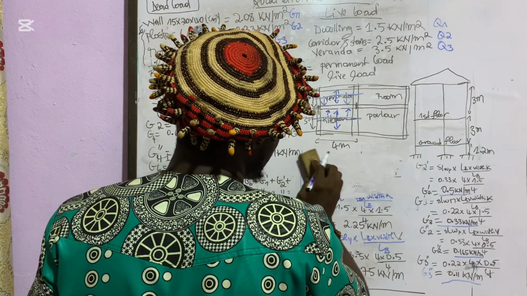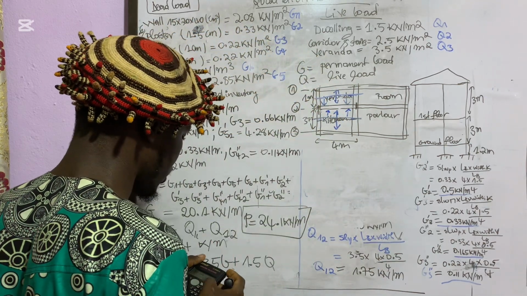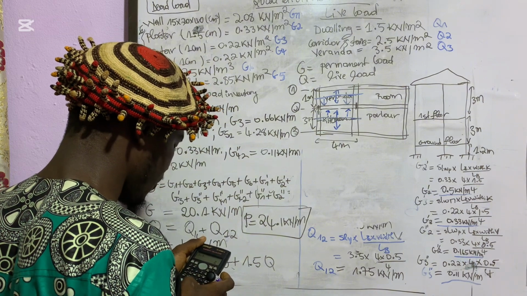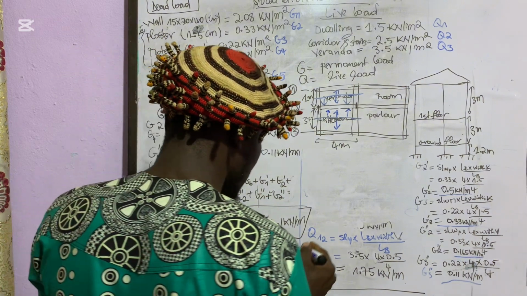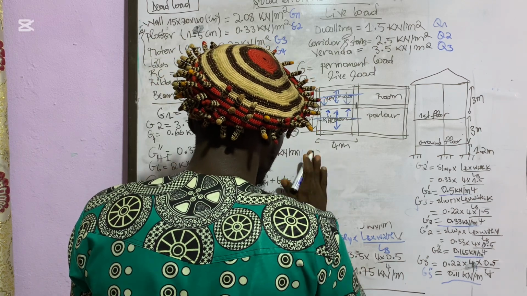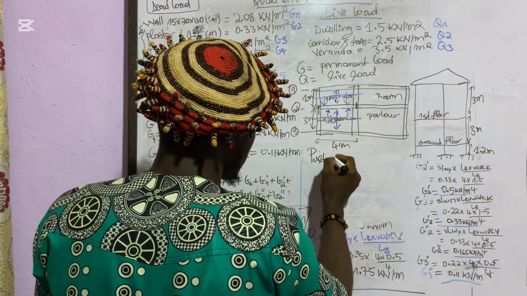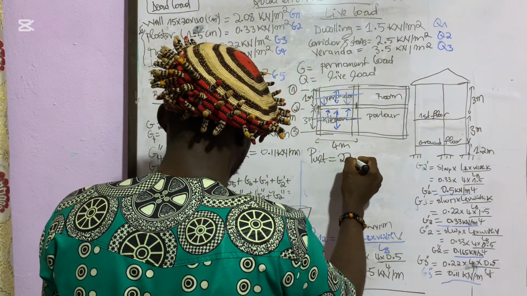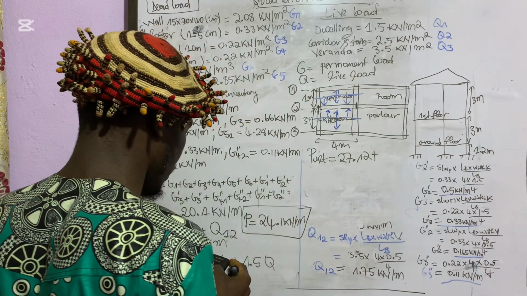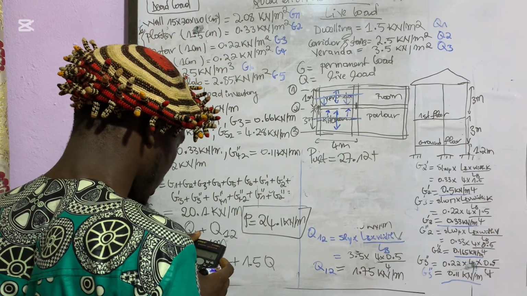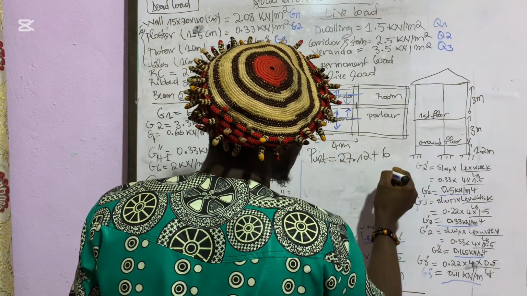So 1.35 times 20.1 is equal to 27.12, plus 4 times 1.5 is equal to 6 kilonewton.